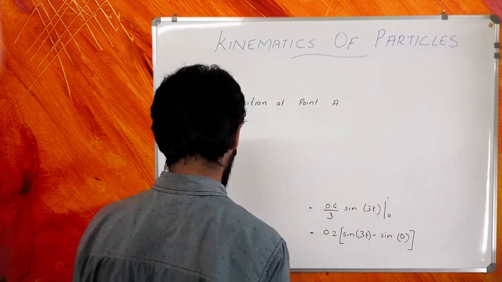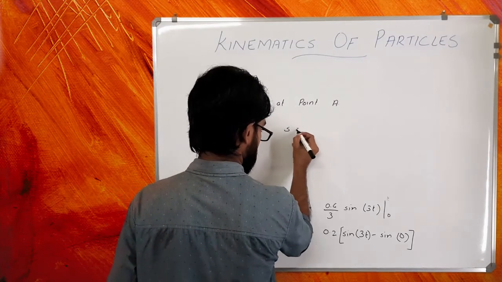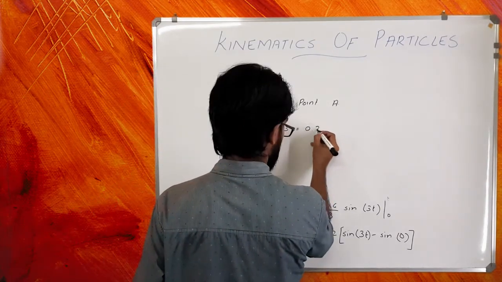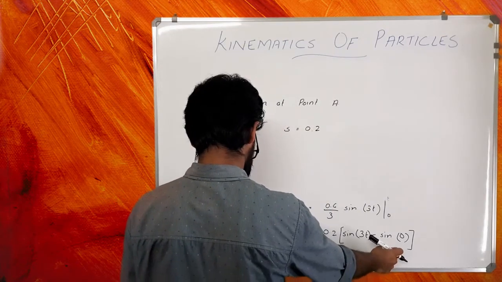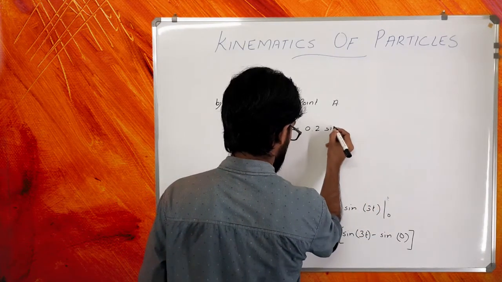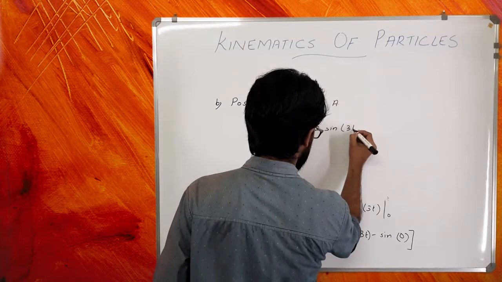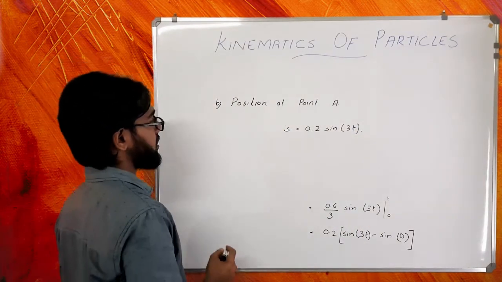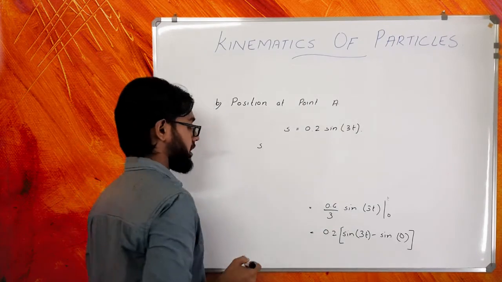Finally, I have the value s equals 0.2. Now sin 0 is 0, so hence we have 0.2 sin 3t. Now our question is at time t equals 0.5.